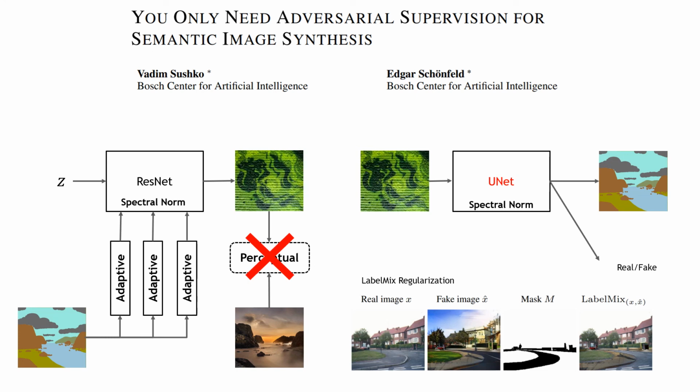And this UNet, in addition to producing real and fake, also learns to label the images. So this is solving two tasks at the same time: semantic labeling and adversarial training. And they use a technique called LabelMix to help train the UNet. For more detail, please refer to the paper.